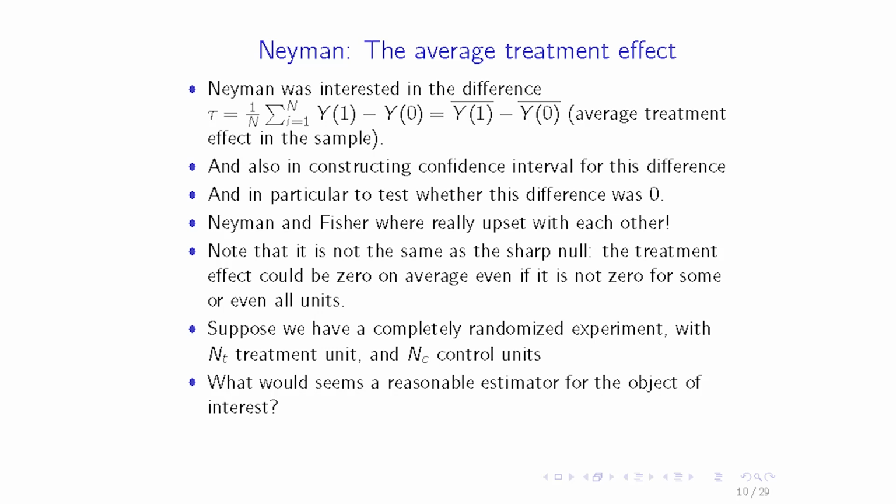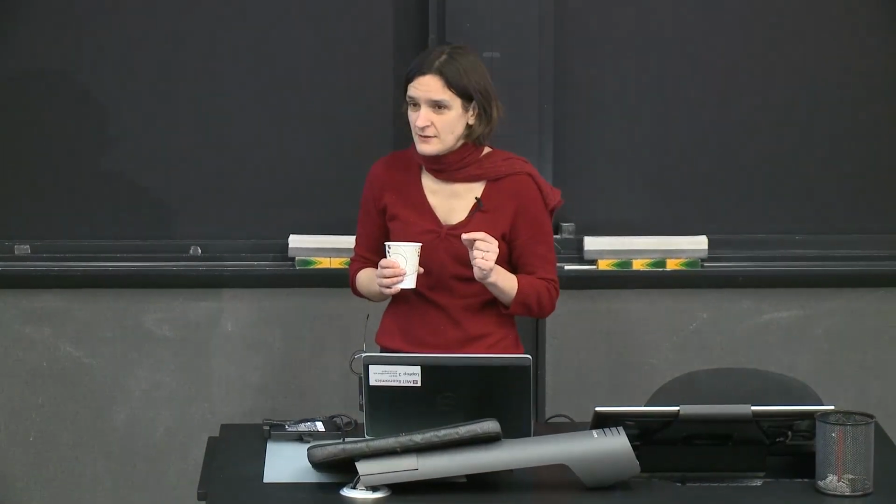And you can see that the two things are not the same. So it could be that the average treatment effect is 0, even if the treatment effect for some particular individual is not 0. In fact, it could be that the treatment effect is different from 0 for everybody, but the average still is 0.